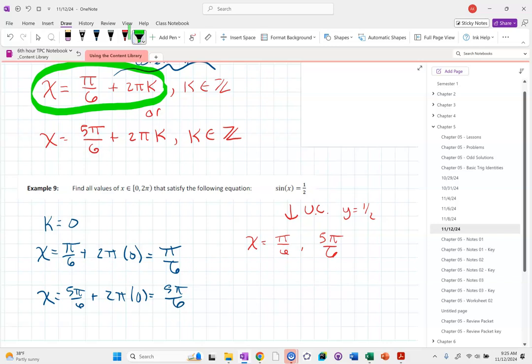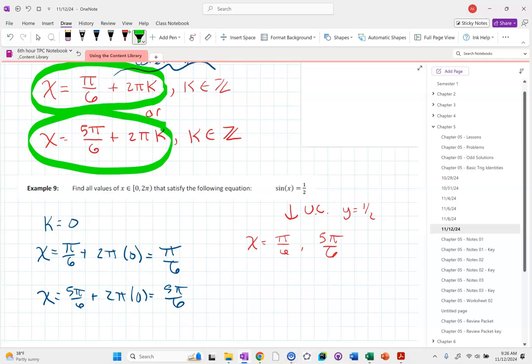The takeaway here is that this general solution I can use to generate all solutions to any equation regardless of the interval that they're asking me to solve for. If instead it asked for like 0 to 6 pi, well, k equals 0 gives me a solution.